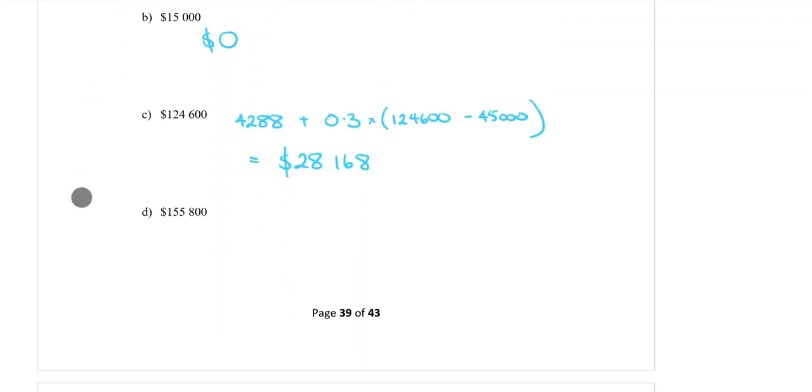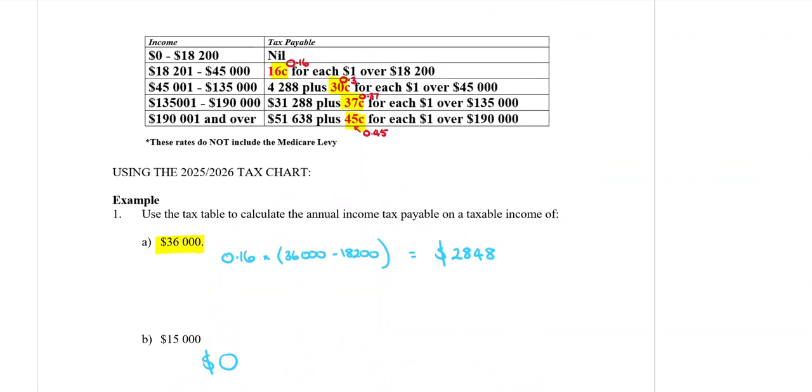The next income was $155,800. That is between the 135 and the 190,000.